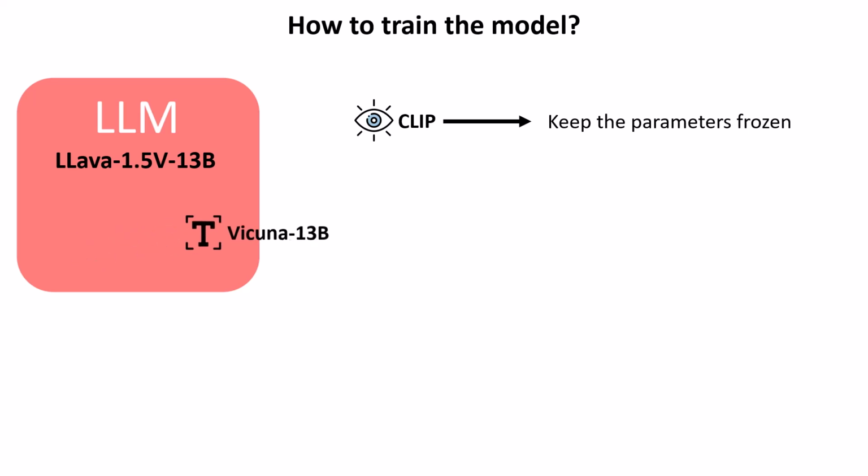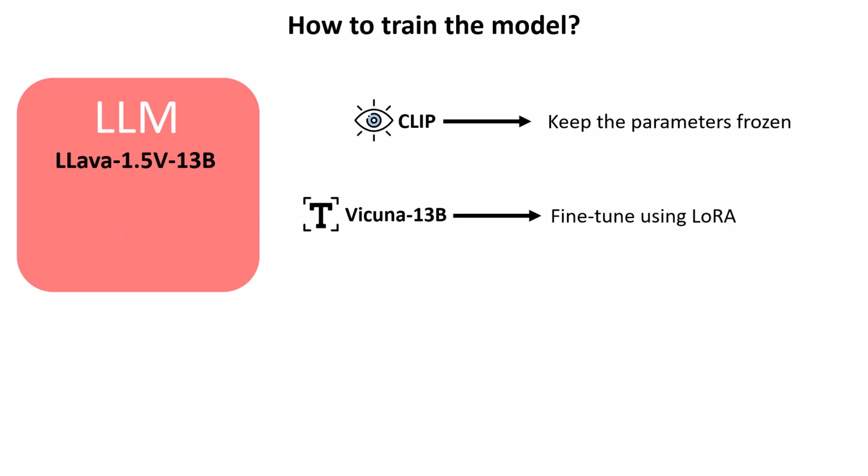But for the Vicuna 13 billion, we fine-tune it using LoRA. And if you don't know LoRA, it's a parameter-efficient fine-tuning method, which I'm about to explain in a bit. But once we train this, we also need a loss function.